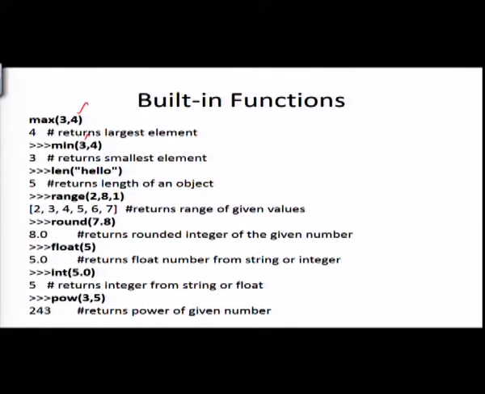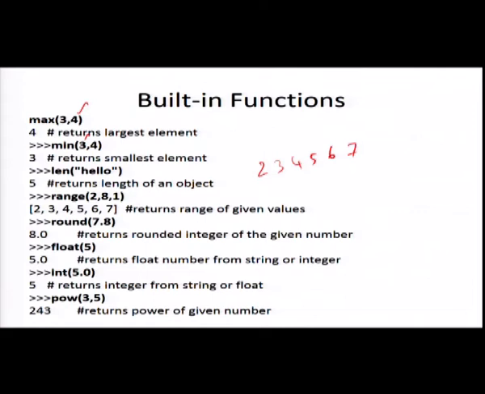Range of 2, 8, 1. What does it mean? The minimum is 2, the maximum is 8, and it should increment by 1. So 2, 3, 4, 5, and so on, and it will not print 8. So this returns the range of given values.